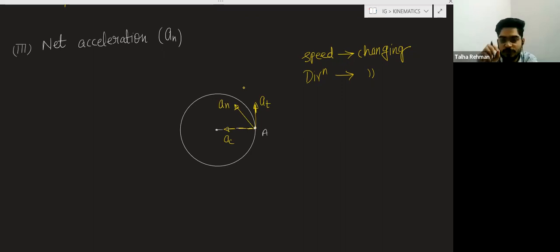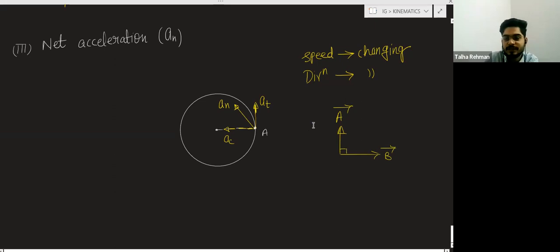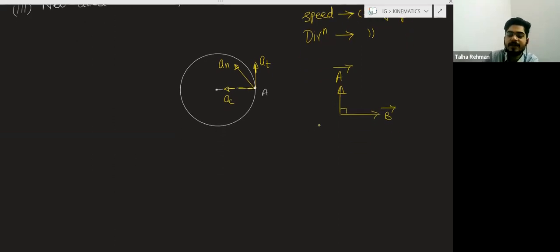Now remember one point: if two vectors, suppose this is the A vector and this is your B vector, are at 90 degree angle, then the magnitude of the resultant of those two vectors is given by the square root of magnitude of A vector squared plus magnitude of B vector squared.